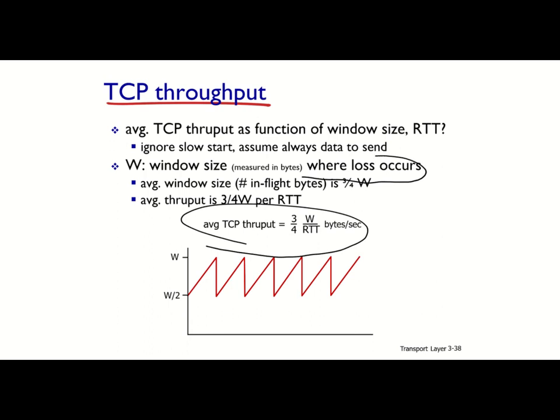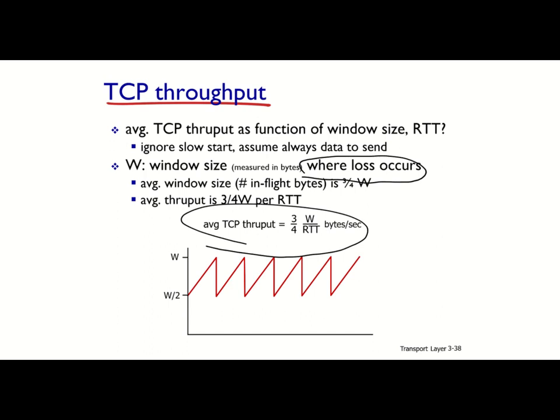So again, that W is not constant, but assuming that W is constant, which means the window size for which a loss occurs is always a constant value equal to W, then we would have a simplified plot like this, and the average TCP throughput can be estimated as 3 divided by 4 times W divided by RTT.